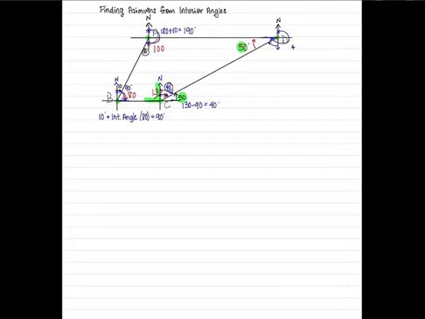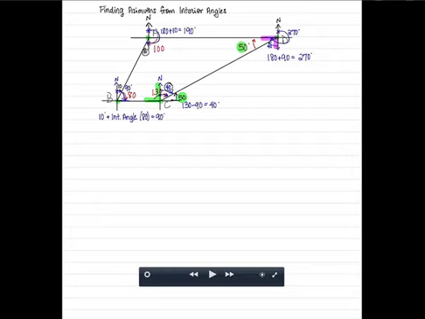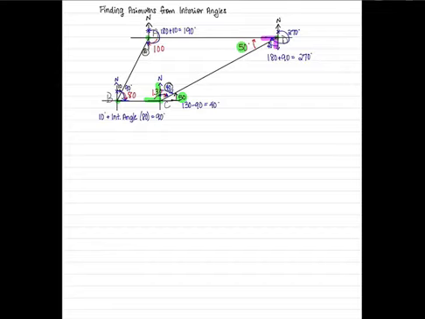From here to here is 40 degrees, so this whole thing is 90. 180 plus 90 will give our next azimuth 270 degrees. And that's all the azimuths from the interior angles.